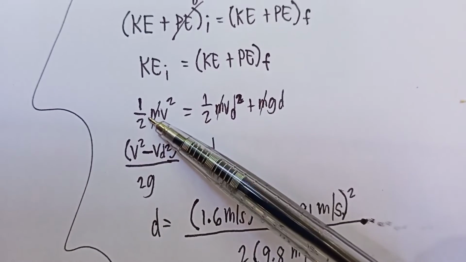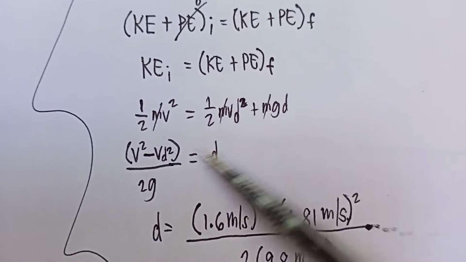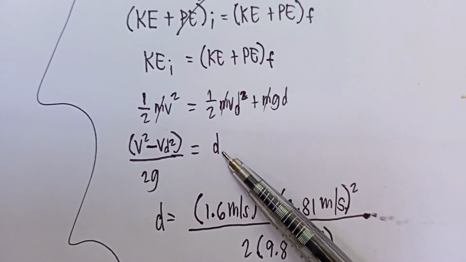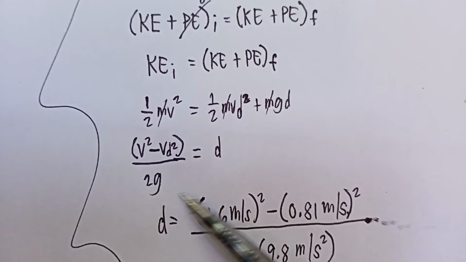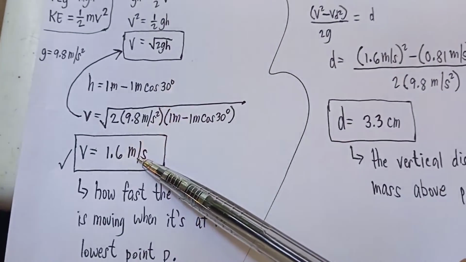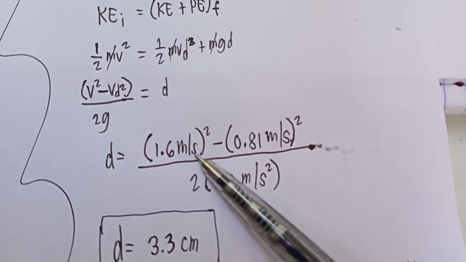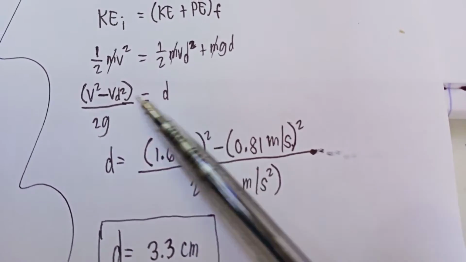So atong i-cancel out from both sides ang m common. So cancel out, then we get this formula. Mao siya. Then substitute ang v squared. Ang v na to is 1.6 meter per second. So substitute 1.6 meter per second squared minus v_d squared.